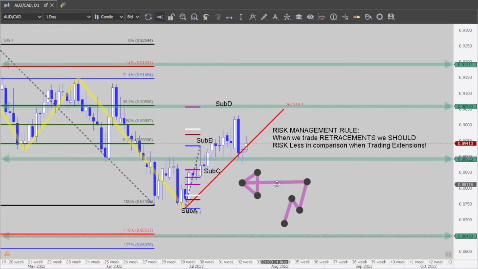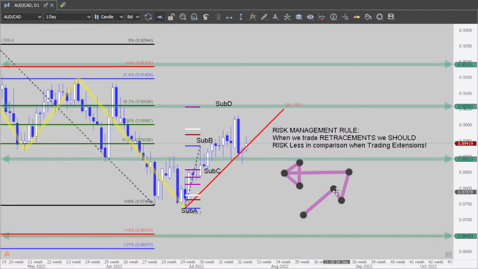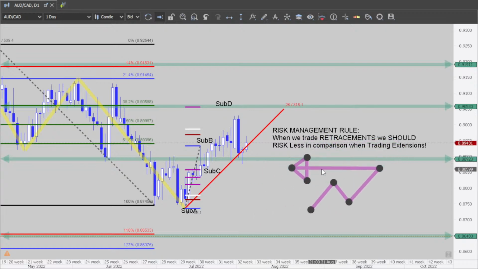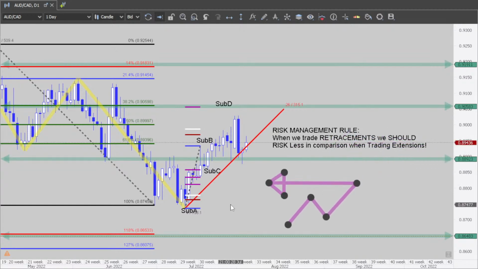Because retracements are shorter and smaller. So if you're going to trade retracements, and you can, some of you like retracement trading, when you trade a retracement, risk less in comparison when you trade extensions.